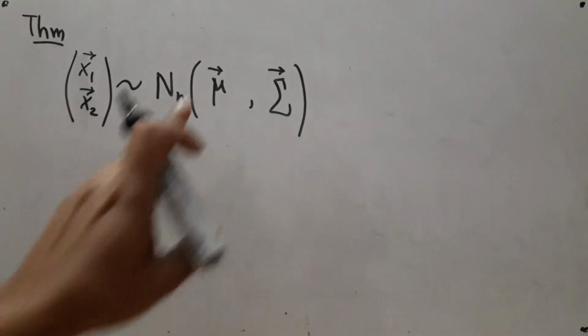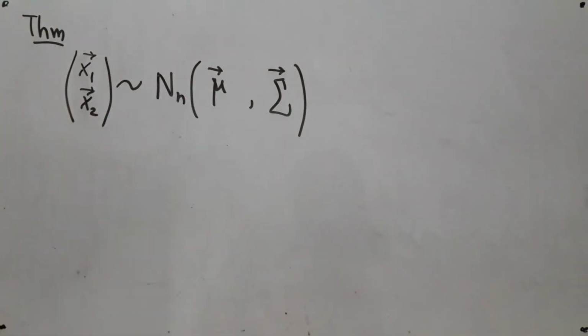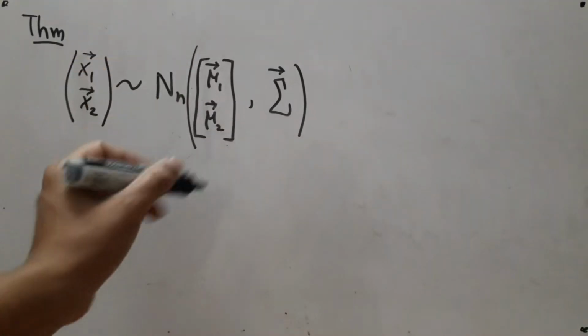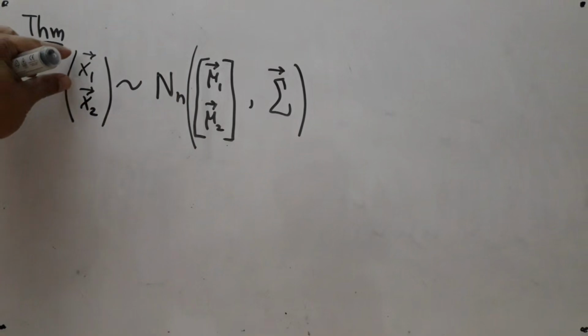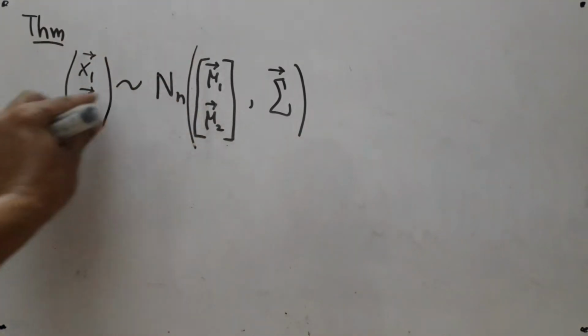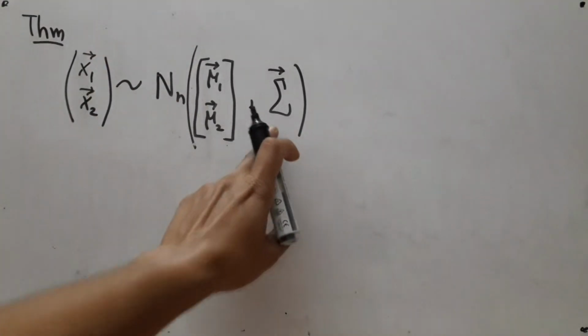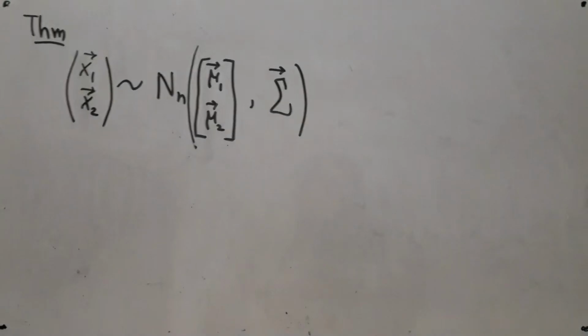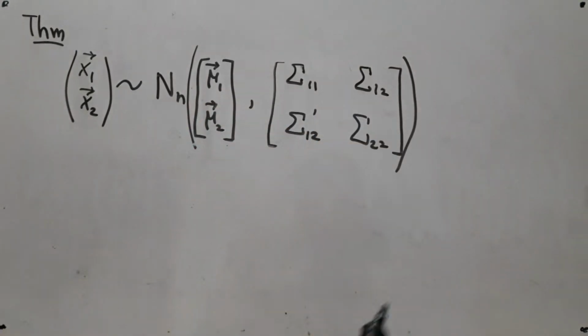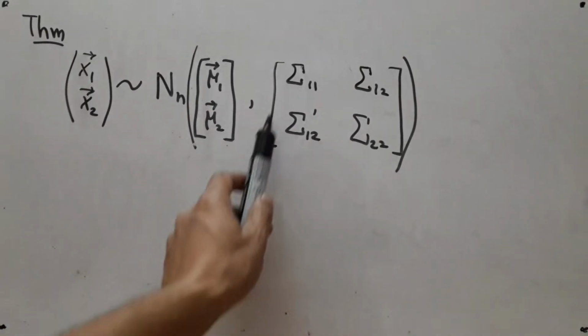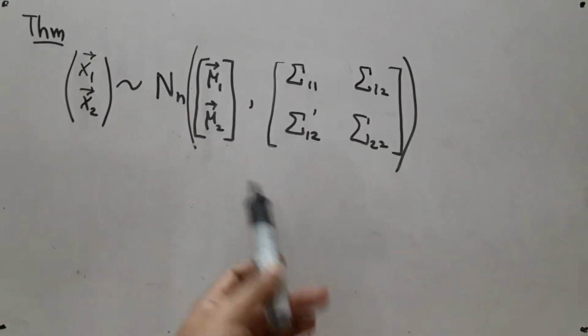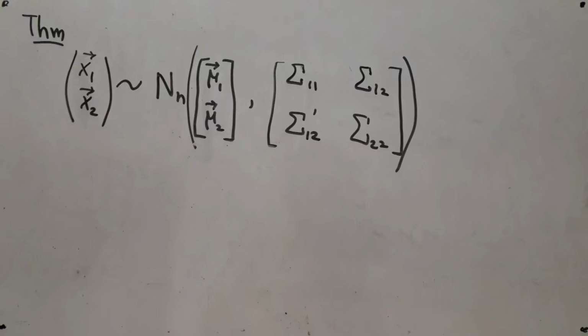Accordingly we shall partition mu into appropriate parts, mu1 and mu2, and we shall partition capital sigma as sigma 11, sigma 12, sigma 21, which is actually sigma 12 transpose because it is symmetric, and sigma 22.